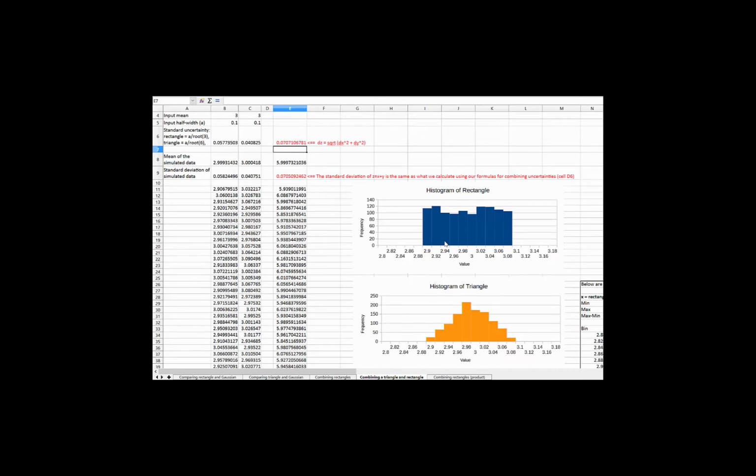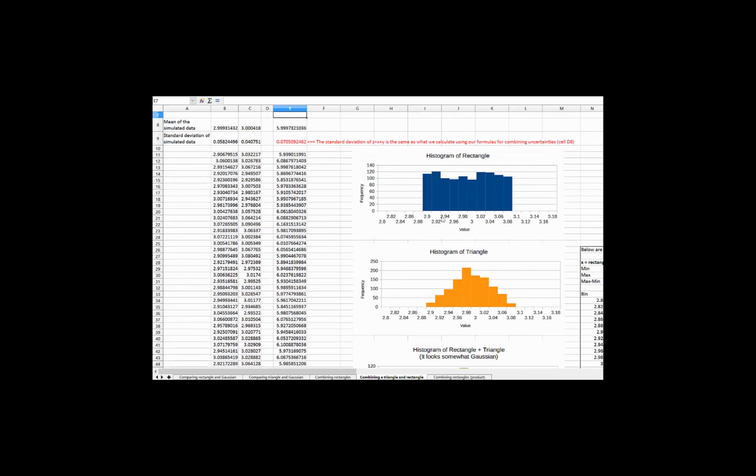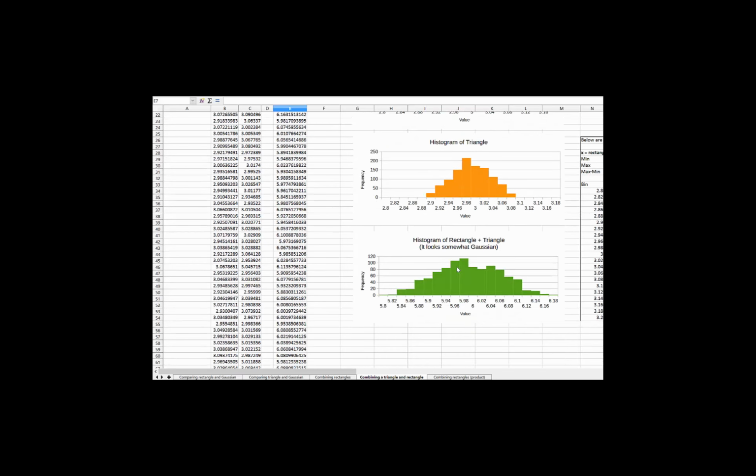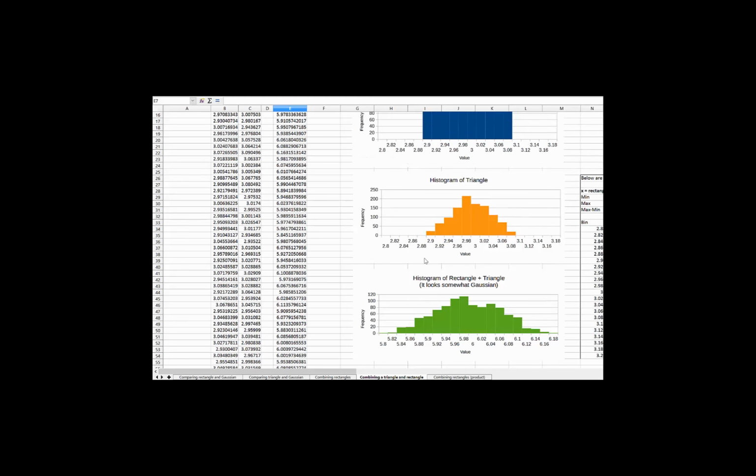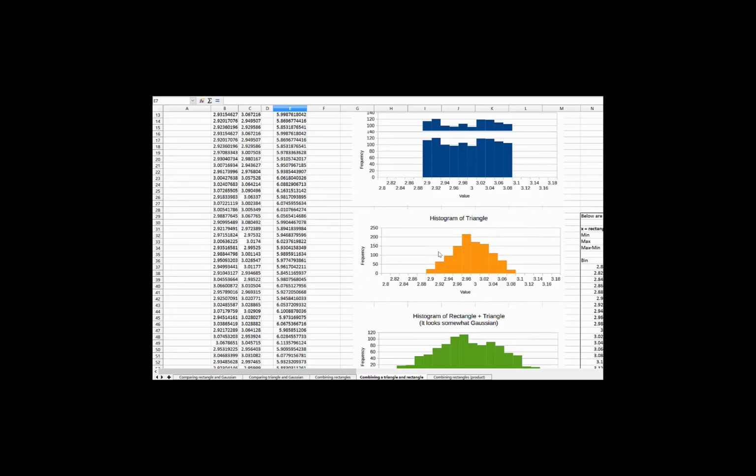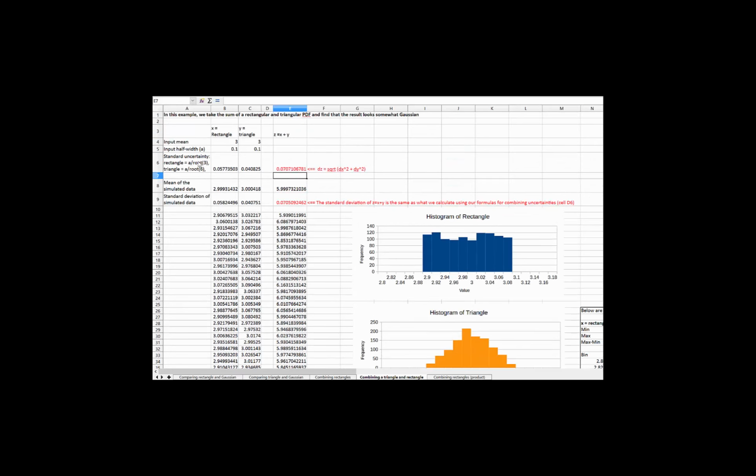And very similar to when we were combining the rectangles, if we combine a rectangle and a triangle, we get something that looks somewhat Gaussian. So as soon as we start mashing triangles and rectangles and Gaussians together to do uncertainty propagations, those different types of PDFs come out as Gaussian, which again makes it very reasonable that we're approximating all these things as Gaussians when we are doing these calculations.